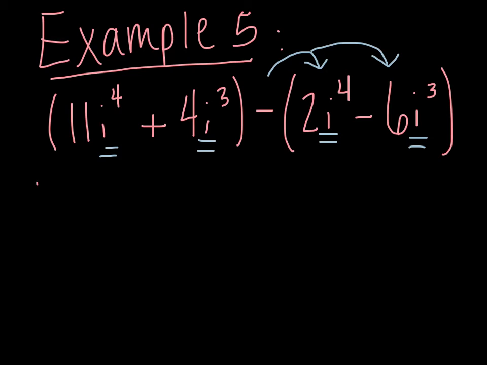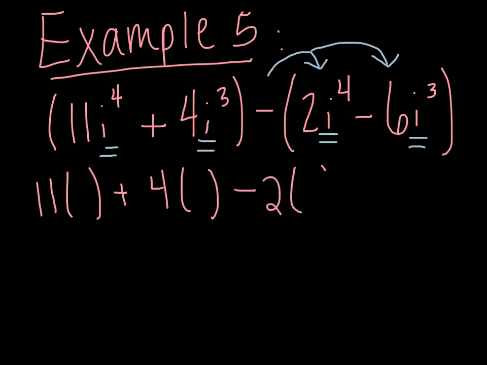Alright, so 11, we'll put some parentheses because we know we'll be substituting something in. 4 parentheses. Now, we do need to make sure we change our signs over here. So it's going to be negative 2 parentheses, positive 6 parentheses. So what did we say our i to the fourth was?